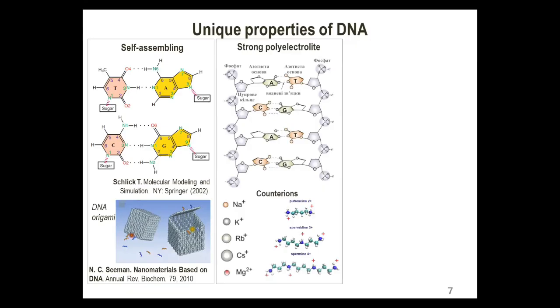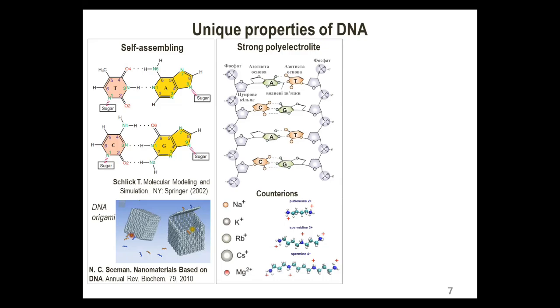And the next property which makes DNA a unique material is that the phosphate groups are in every nucleotide, and as a result, DNA is highly charged. And in solution, these charges are neutralized by different ions. We call these counter ions because they neutralize the opposite charge.